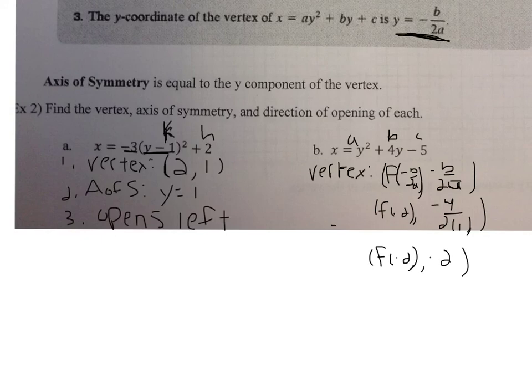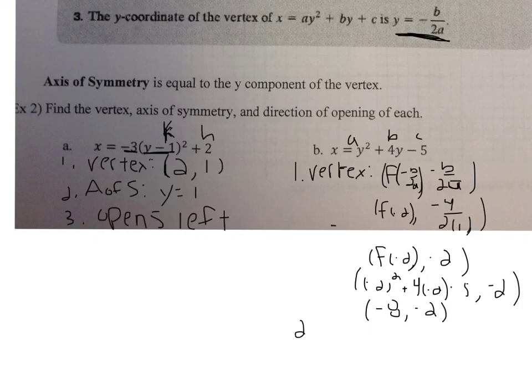Well, F of negative 2 means plug negative 2 into the equation for the y's in this case. So we've got negative 2 squared plus 4 times negative 2 minus 5, and then we've got a negative 2 for the y. And if we simplify all that out, we get negative 8, negative 2. That's our vertex. So it took all of that to get our vertex.